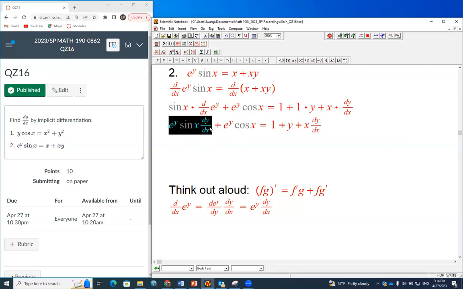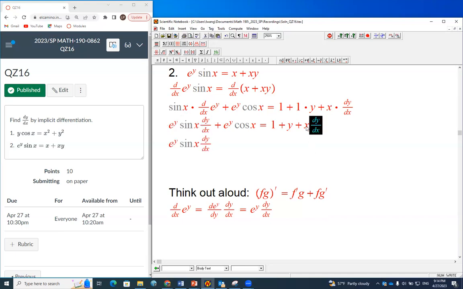So now the left-hand side, we have the dy dx term, subtracting this piece. And that equals to 1 plus y, stays where it is. Subtracting, so bring this term to the other side.